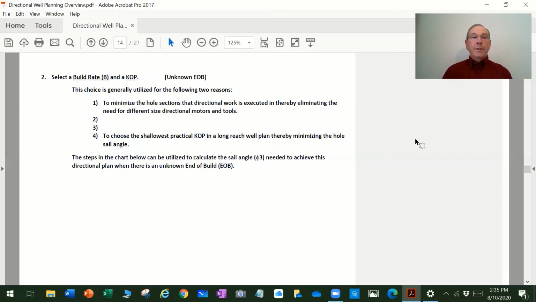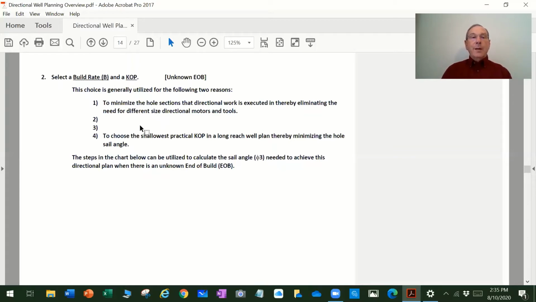Now this choice is quite common, and it's done for these 2 reasons: to minimize the hole sections that the directional work is executed in, thereby eliminating the need for different size directional motors and tools. This is a mistake on this slide, but there are only 2 reasons.